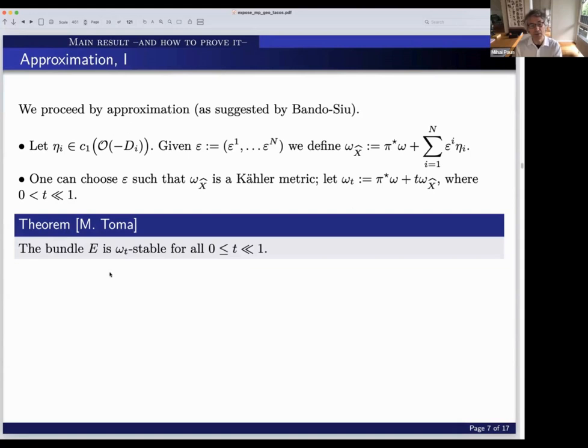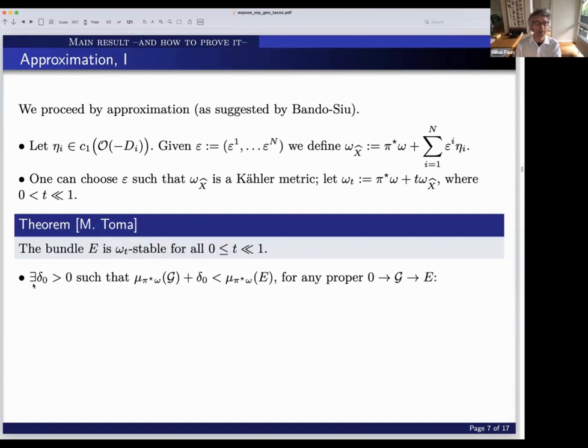And then a result I learned from Matej is that the bundle E is omega t stable for all t between 0 and 1. Of course, this is a result which is present in many people's work, I think, but like I said, since I learned it from him, I just mention his name there. So let me just give you a very quick account of what is inside here.